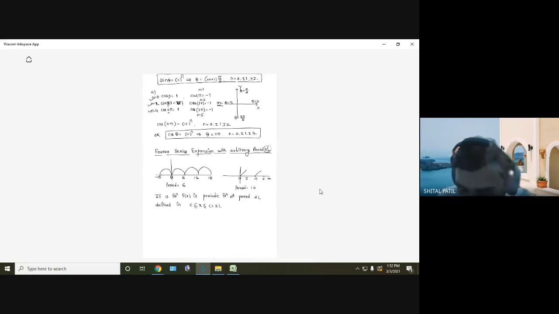Period is 2l, so length of this interval is 2l. How to find the length? Terminal point minus initial point. C plus 2l minus c. C will cancel. 2l is remaining.